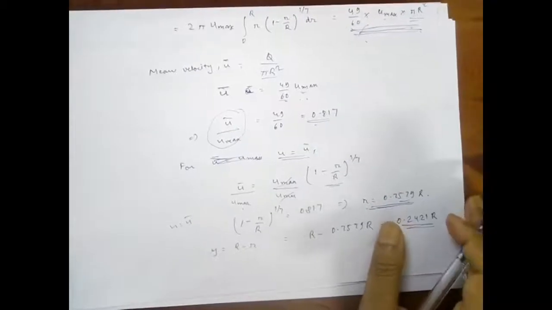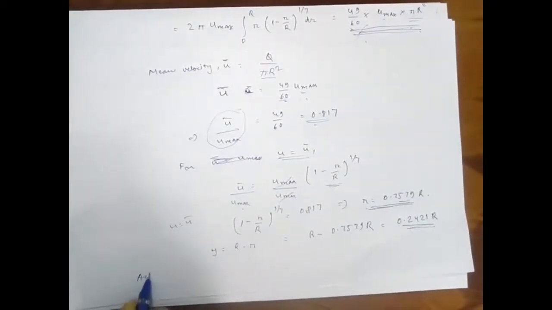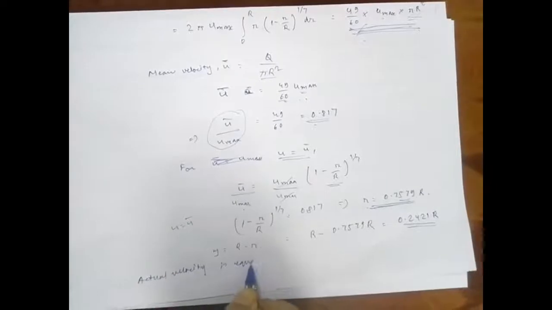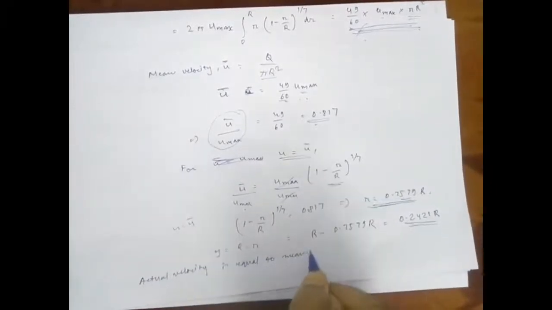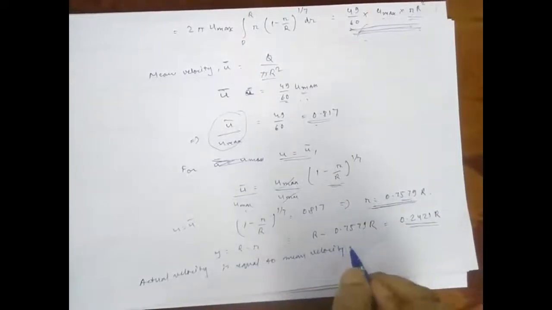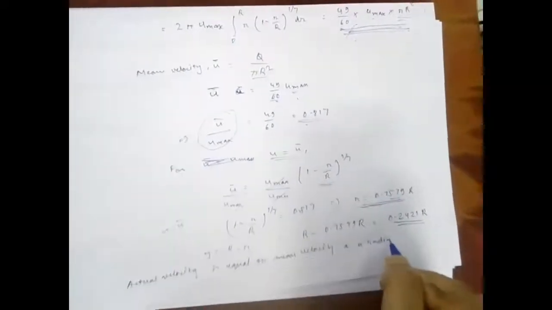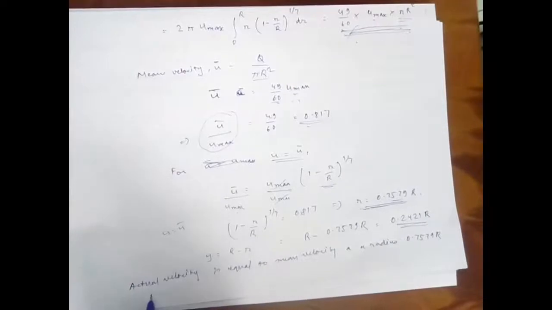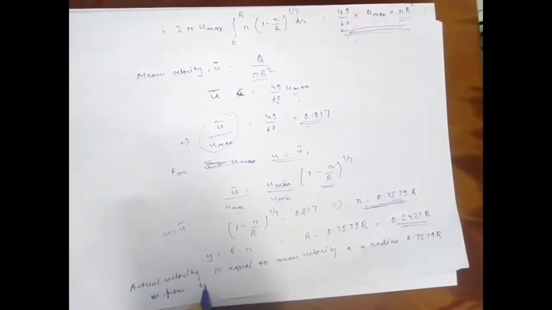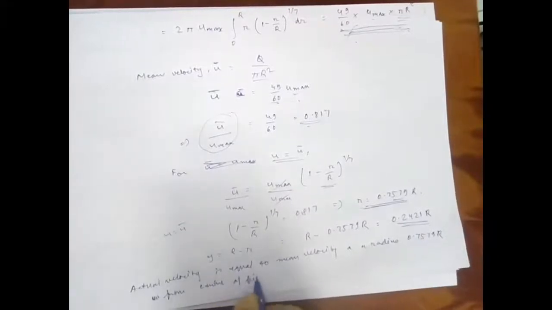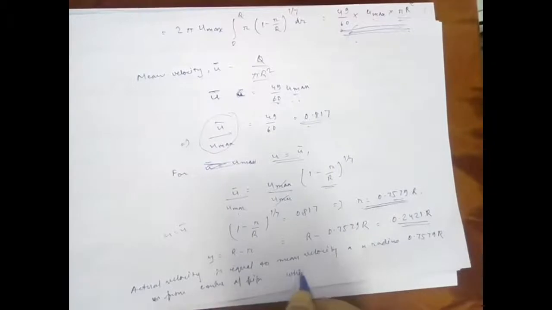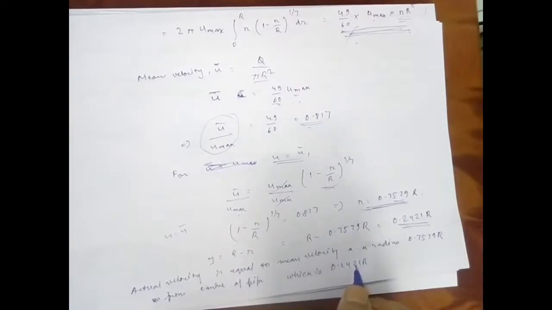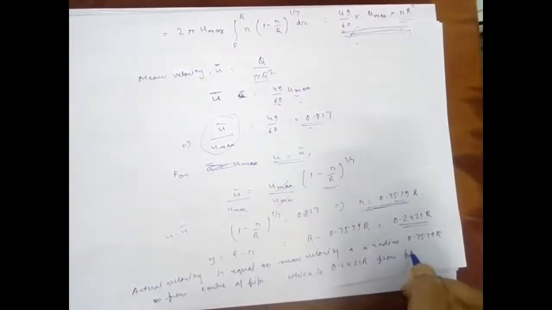So I will write one sentence: the actual velocity is equal to the mean velocity at a radius 0.7579 R from the center of the pipe, which is 0.2421 R from the pipe wall.